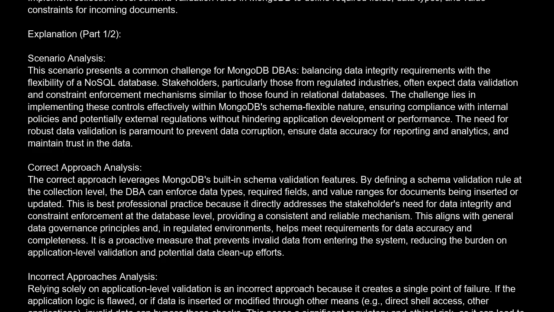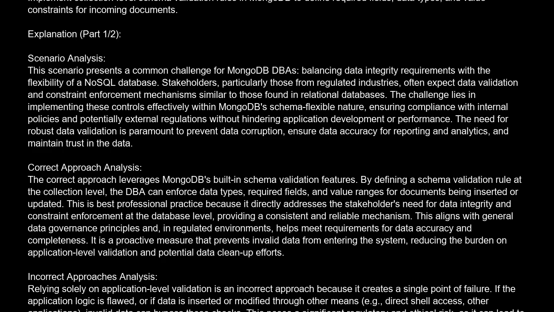Correct approach analysis. The correct approach leverages MongoDB's built-in schema validation features. By defining a schema validation rule at the collection level, the DBA can enforce data types, required fields, and value ranges for documents being inserted or updated. This is best professional practice because it directly addresses the stakeholder's need for data integrity and constraint enforcement at the database level, providing a consistent and reliable mechanism.